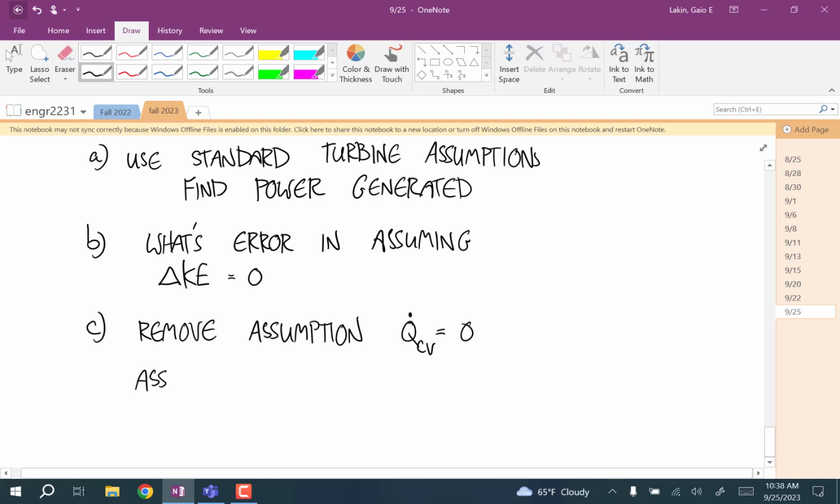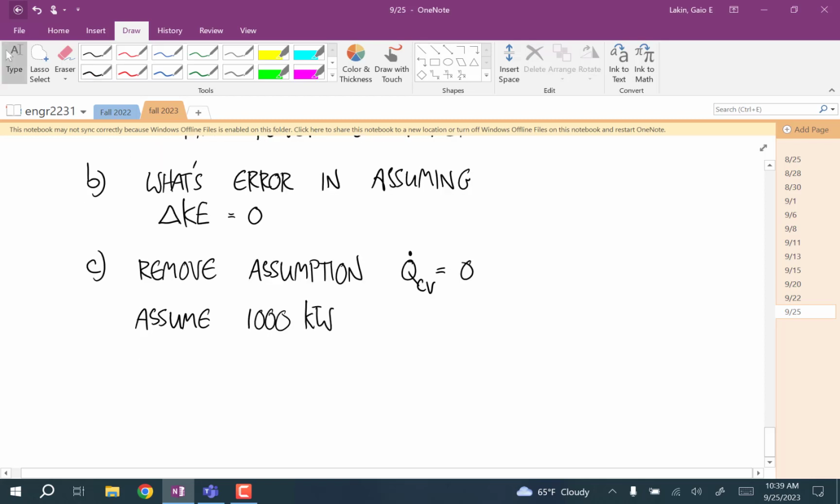And we're going to assume 1,000 kilowatts of power output. What's the rate of heat loss?